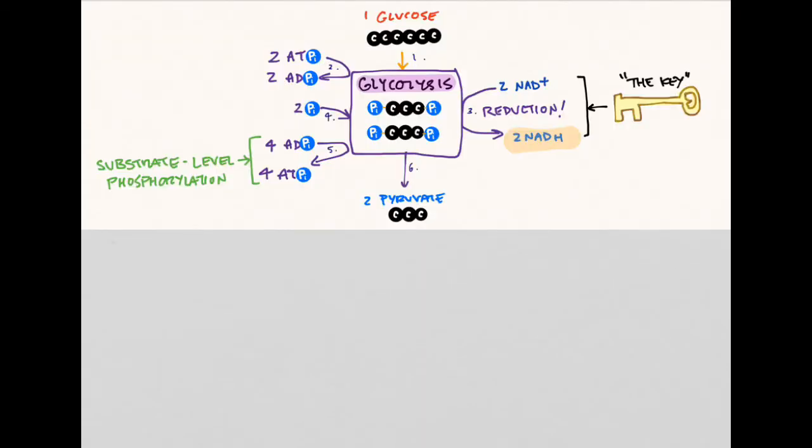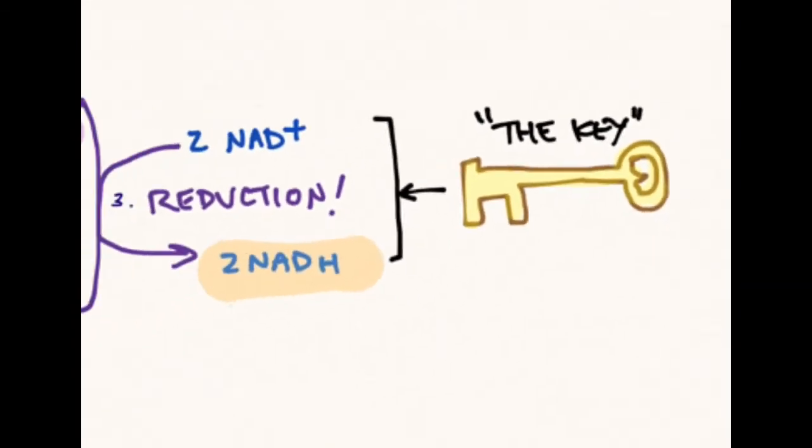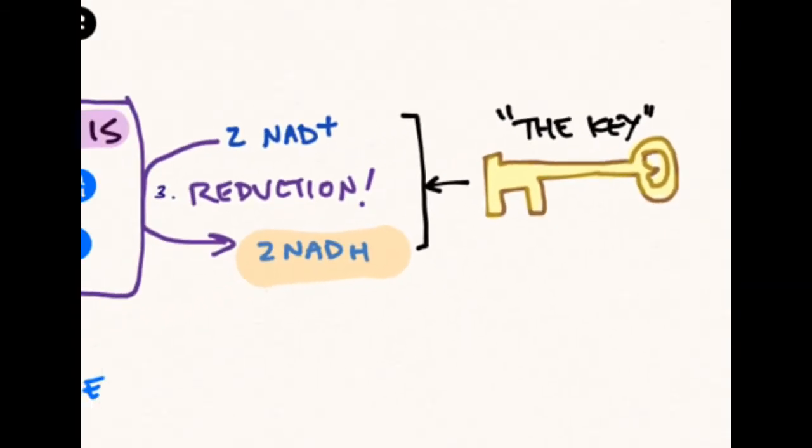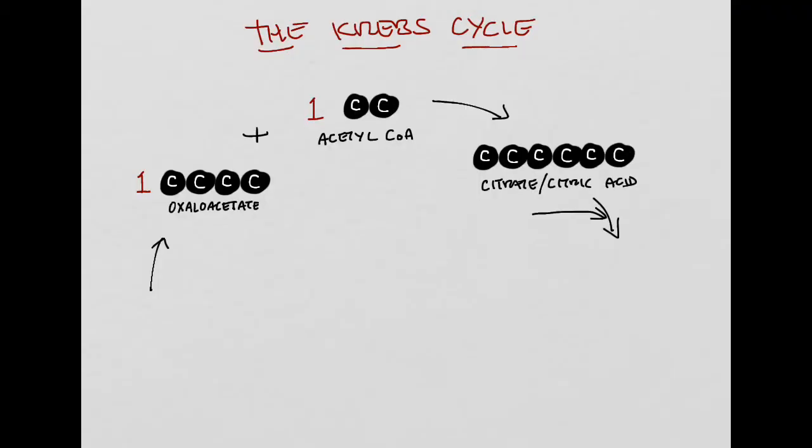Remember how we got this whole reaction to take place? I said that there was a key to this, as you can see right here. And that key was NAD+. NAD+ is a rascal. It goes in there and it messes with everything. And that's exactly what we're going to see happen for our citric acid cycle, because we're going to bring NAD+ into this reaction as well.